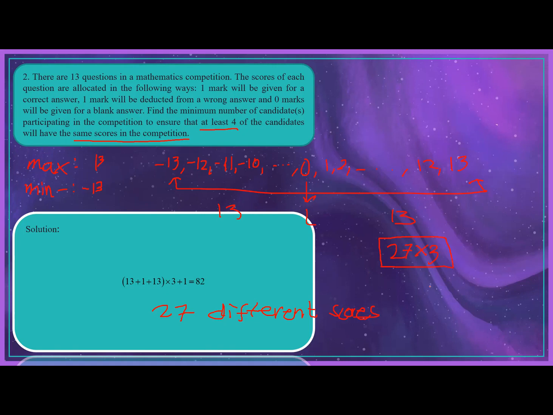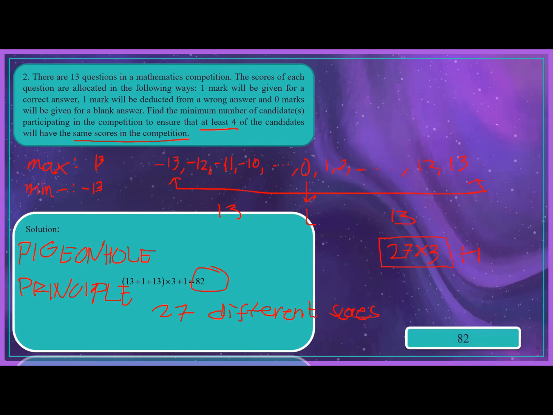Okay, so now we only need 1 score for the other candidate. So any score, so that would be plus 1. The total would be 82. Okay, so this is the pigeonhole principle. Okay, so you need to fill up the missing boxes first. Okay, so it's like the pigeonhole.